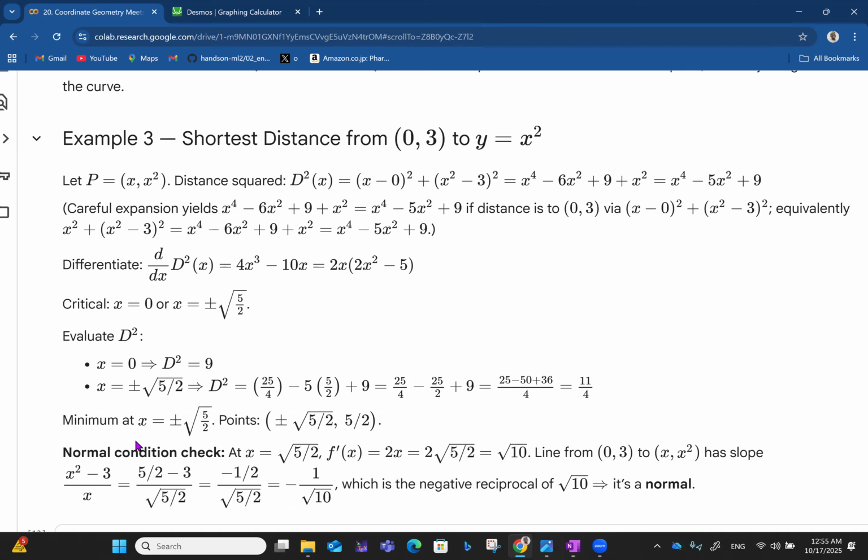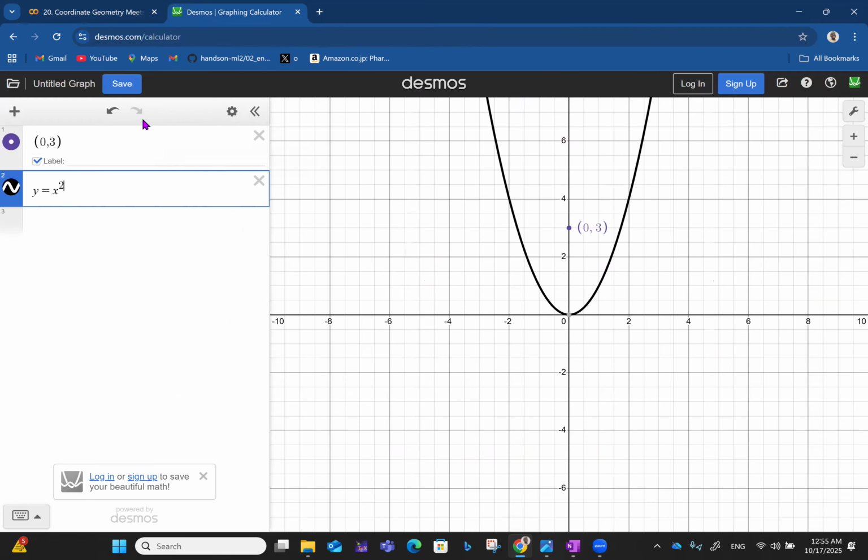So then you can find the minimum at x equals plus or minus square root of 5 over 2. So you have the points now. In this case, don't forget, we have this x and then x squared. So plus or minus square root of 5 over 2 and then 5 over 2. So let's plot that point and see what it looks like.